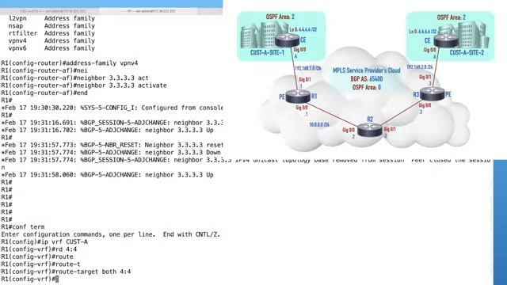4:4. Now, let's pause for a moment and see what that's about, because if you've not worked with MPLS before, you probably haven't come across those particular commands. The RD, first of all, let me highlight it. RD stands for route distinguisher. And then we also have a route target.